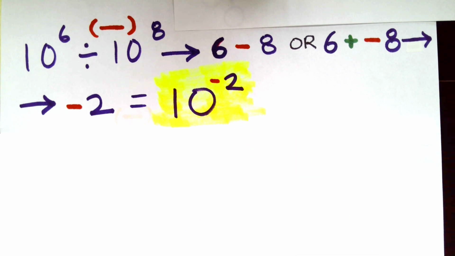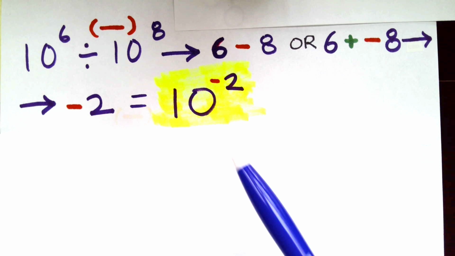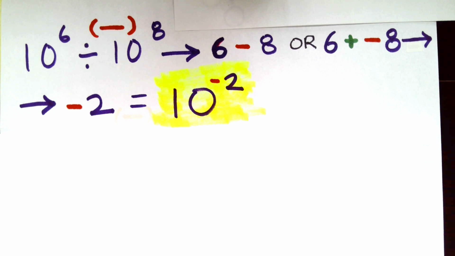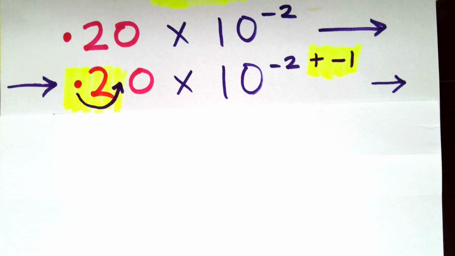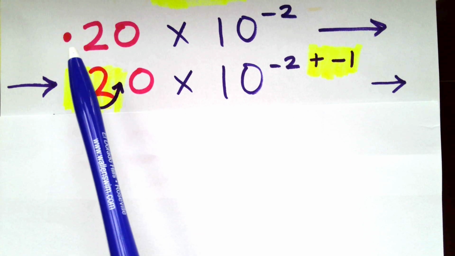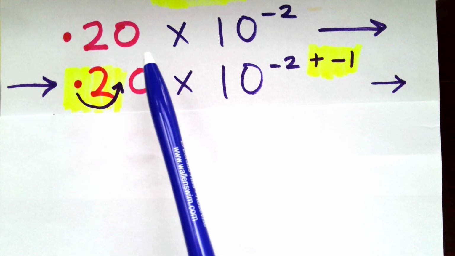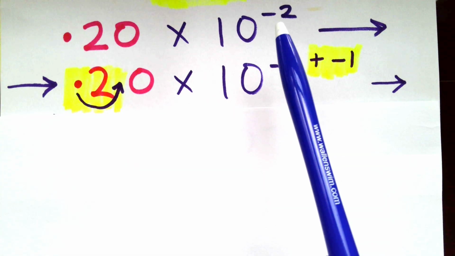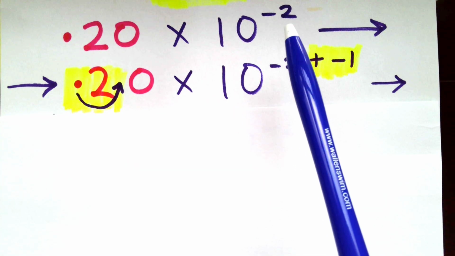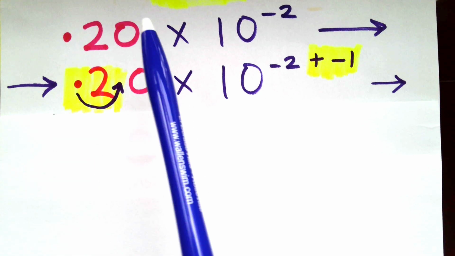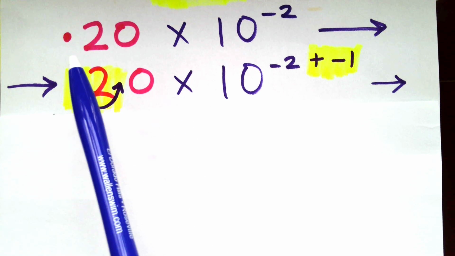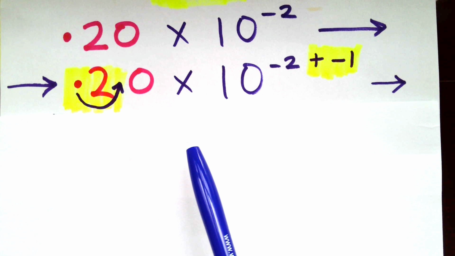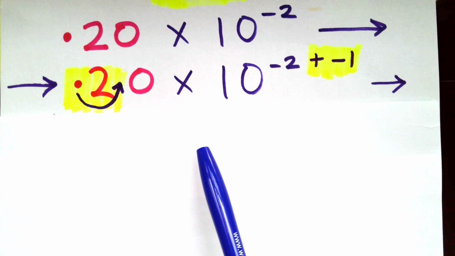Now the last step is to put the new coefficient of 0.2 times 10 to the negative 2. Let's see how that works out. Here you can see we have our new coefficient, 0.2 or 2/10 or 0.20, times 10 to that negative 2 exponential value. Now you have to ask yourself a question. Is 2/10 or 0.2 a number between 1.0 and 9.99?